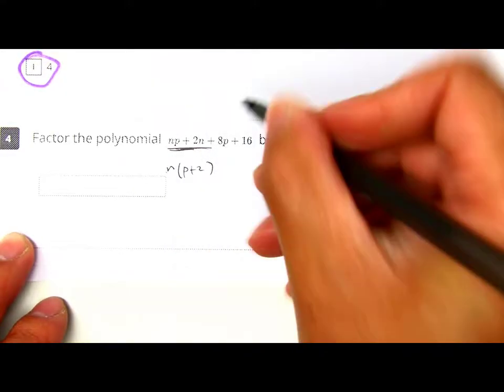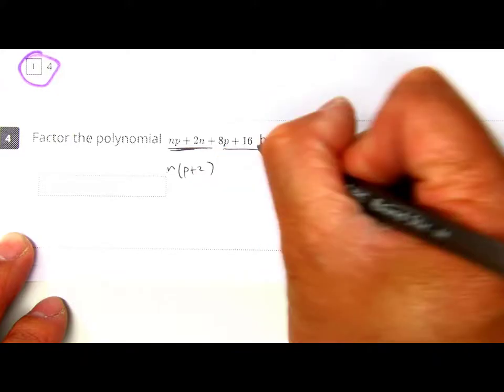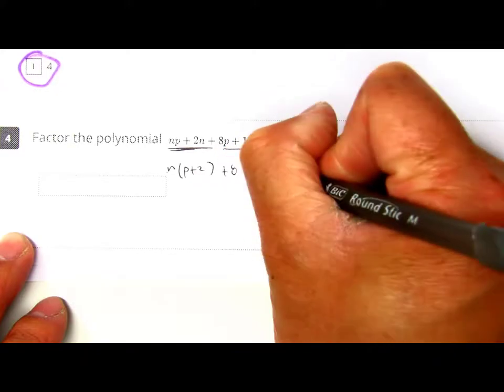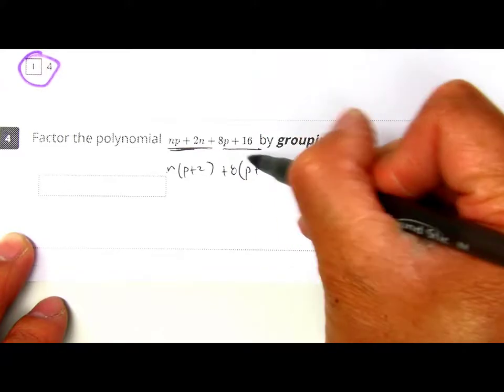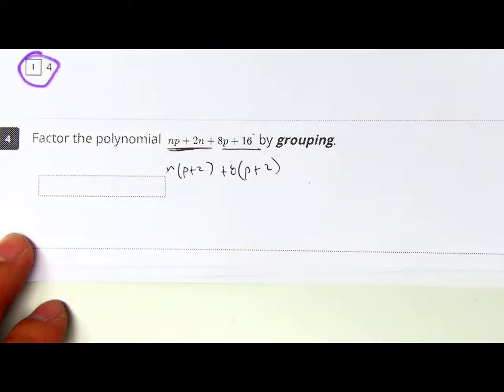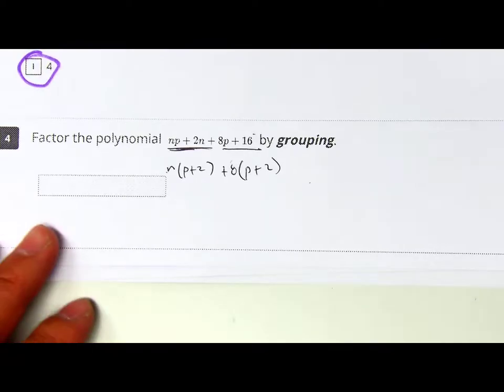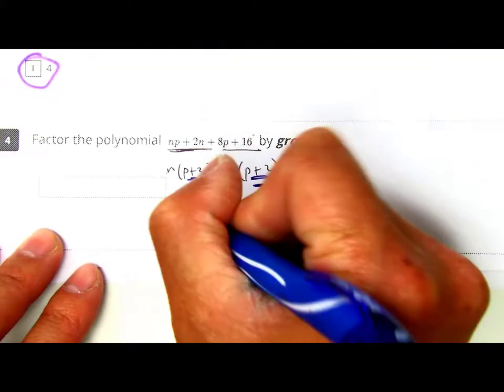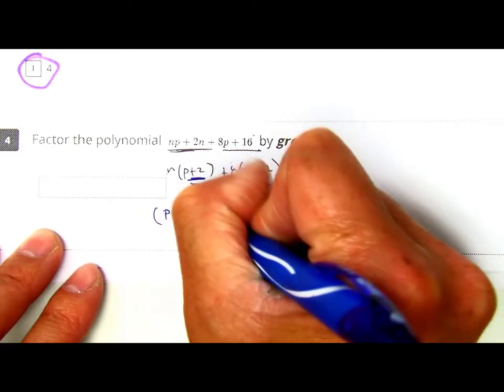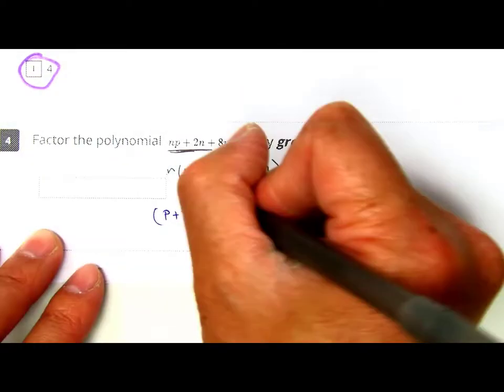And over here on the side, I'm going to pull out an 8. I'm left with p plus 2. Again, you can double check your answer to get what's above. That's my first greatest common factor. The second one is this p plus 2. So I'm going to pull out a p plus 2. And then we're just left with an n plus 8.